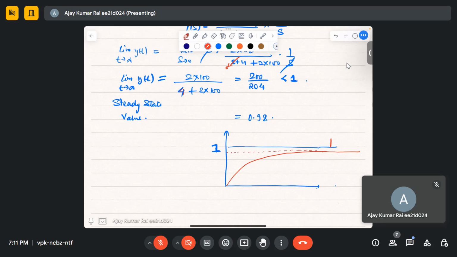So this will be 0.98 and this will be equal to 1. Okay, so this is the steady state. Okay, 1 minus 0.98. Okay, yeah, this is 0.02, right? So this is the steady state error.